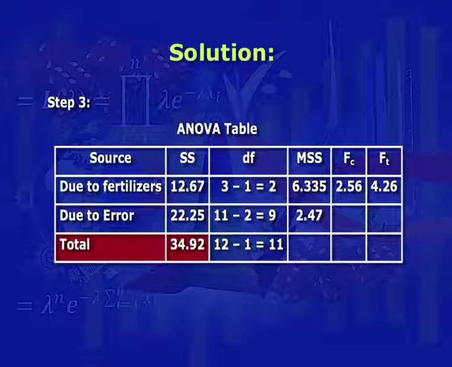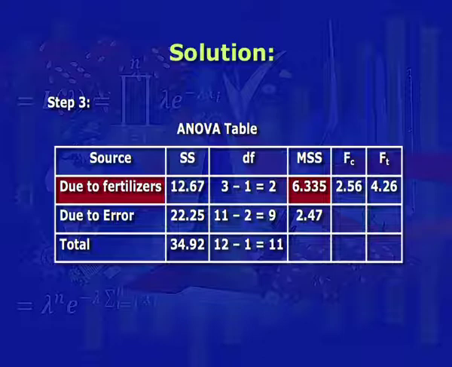and for total 34.92. In the third column, we calculate degrees of freedom. For fertilizer 3 minus 1 equals 2, for error 11 minus 2 equals 9 and for total 12 minus 1 equals 11. In the next column, we calculate mean sum of square. Mean sum of square can be obtained as sum of square divided by degrees of freedom.